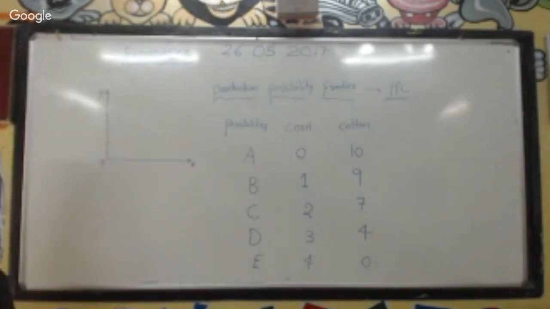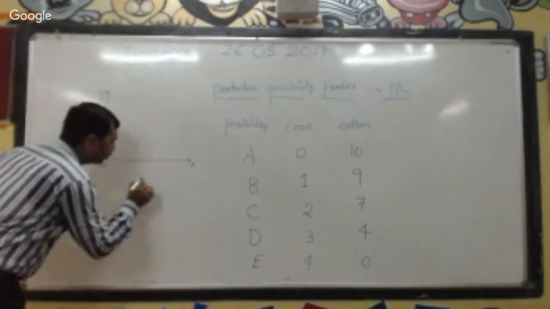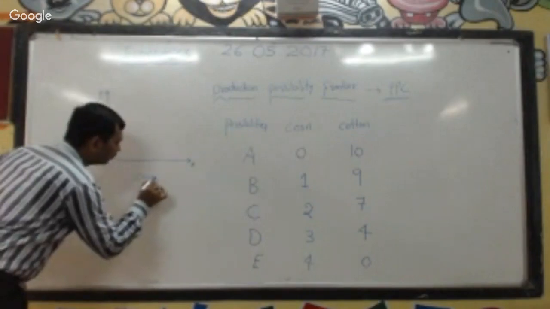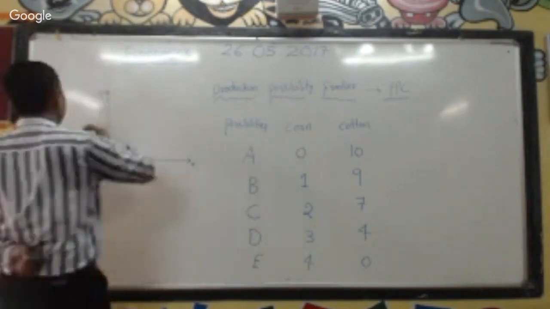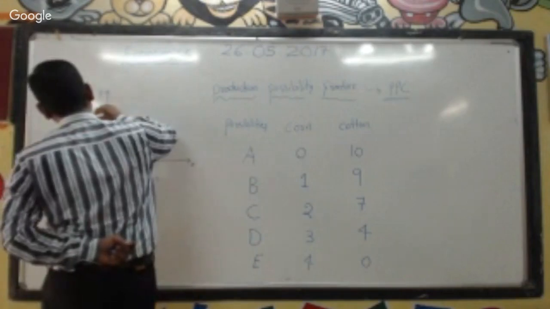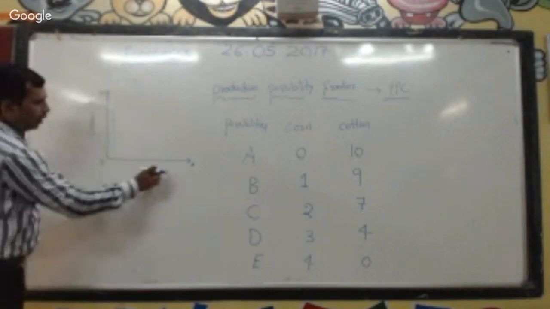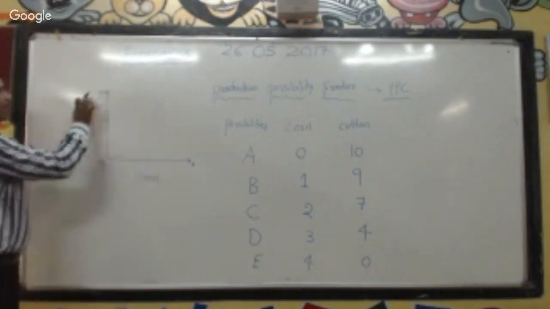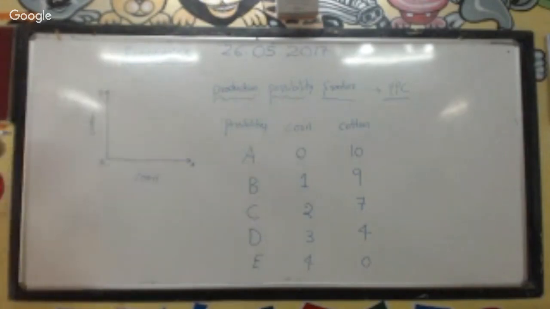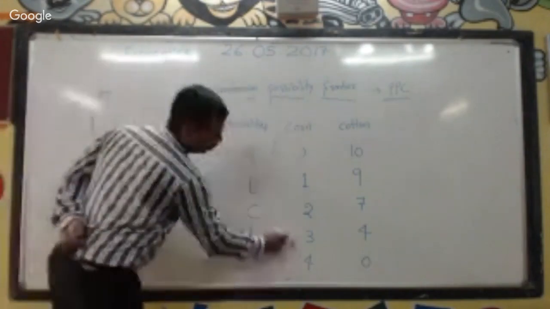On x-axis, we are taking production of corn. On y-axis, we are taking production of cotton. These are the two commodities we are taking, one commodity on x-axis, another commodity on y-axis. Here we have to take the measurements, from 0 to 4 for corn.